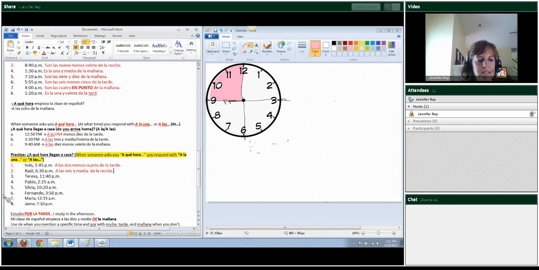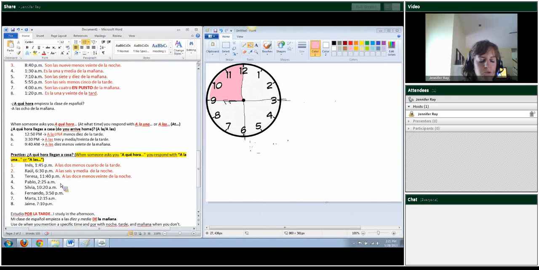Here, Teresa, it's 11:40 p.m. So again, what's coming out of my mouth and what I'm going to write is going to be 12, which isn't 1. So I'm going to say a las 12 menos, because I'm not quite at 12, menos 20 de la noche.